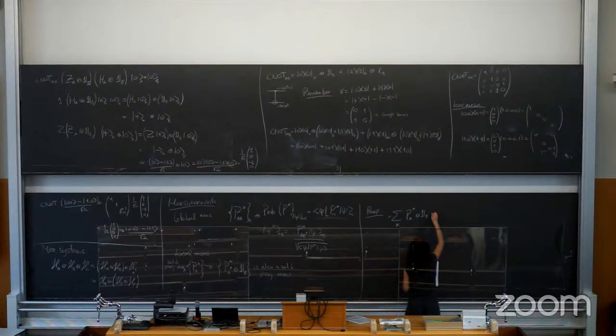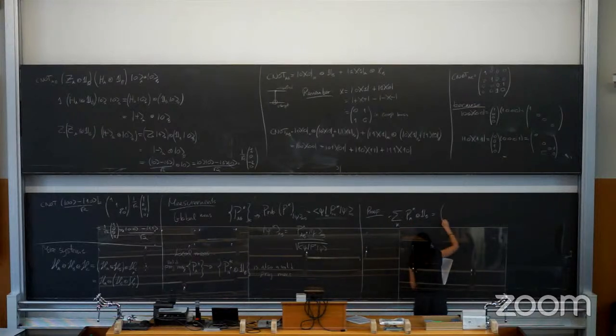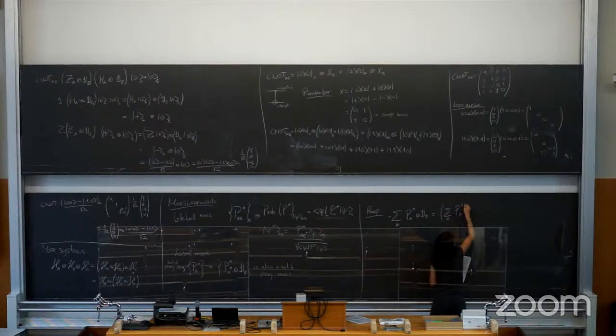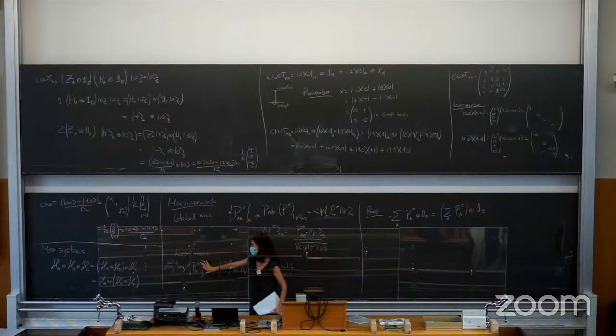But again, the only thing that depends on K is this first term, so you get sum over K, identity on B. And this, by definition, because we said that the original was a projective measurement, the original ones sum up to 1.